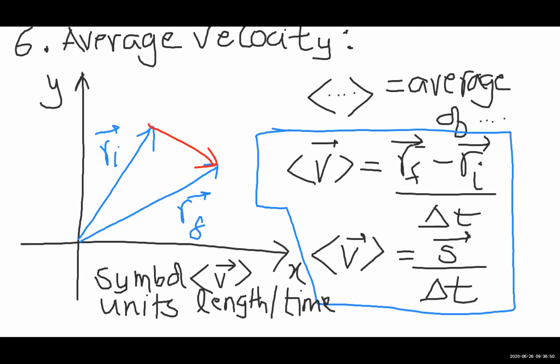Right? I'm going to change the slide now. Average velocity is nothing but the displacement vector multiplied by a scalar. And what is the scalar? Scalar is 1 upon delta t, right?